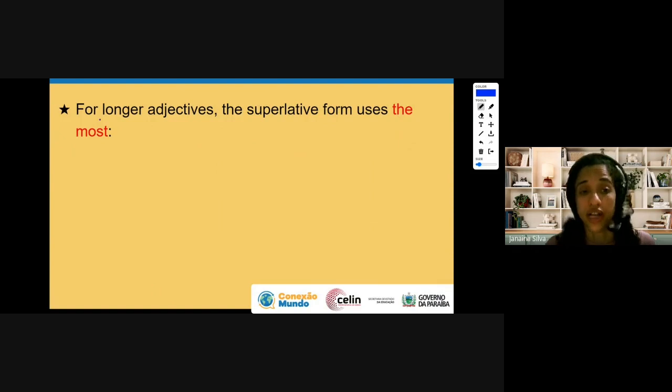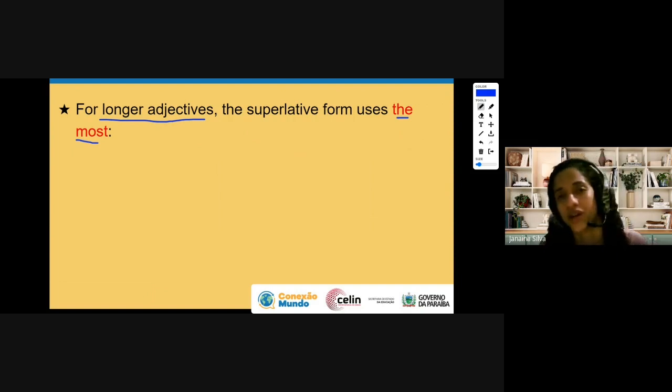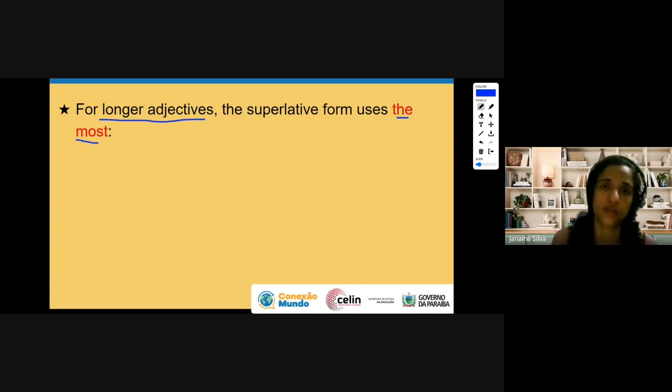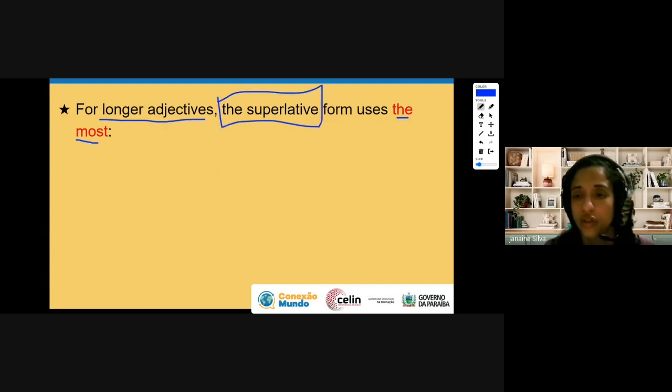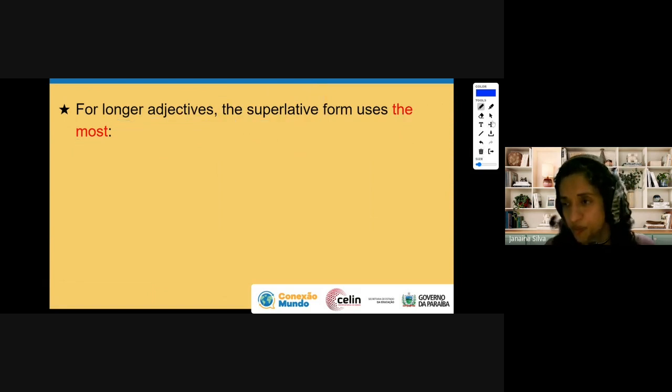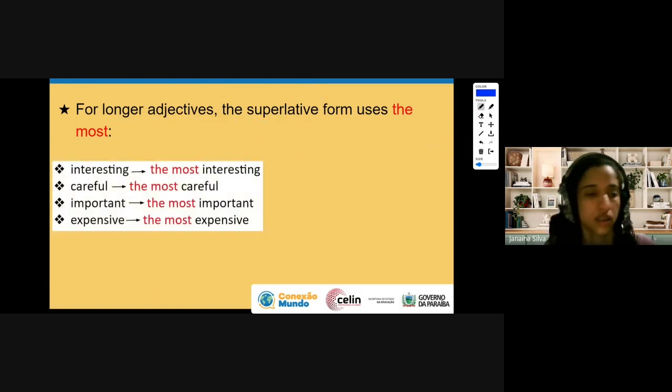For longer adjectives, the superlative form uses the most, students. When we need to use a comparative form, the word is more. When you need to use a superlative form, you need to use the most. Let's see here.